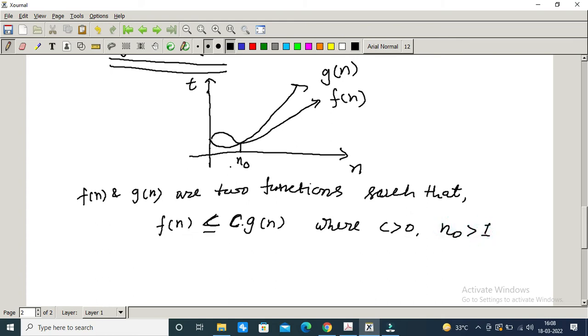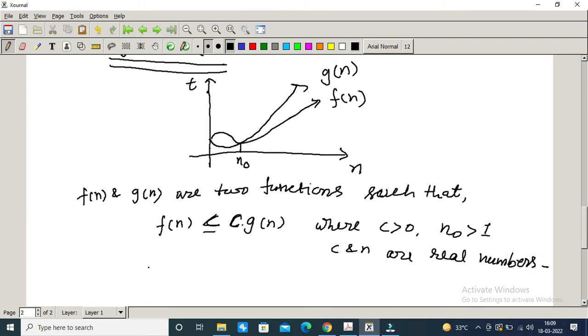It means n naught is at least 1 because there must be at least one input. Here c and n naught are real numbers.